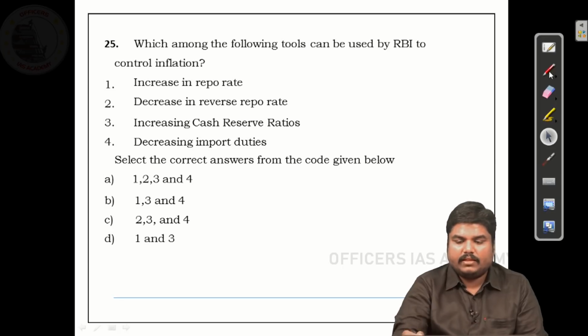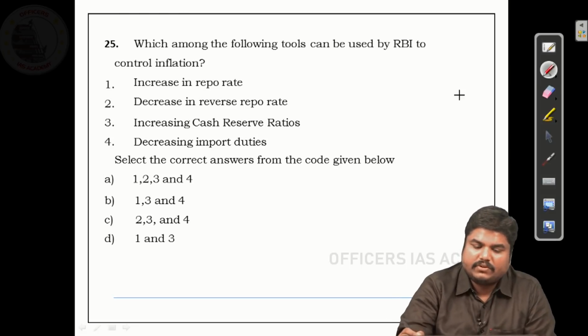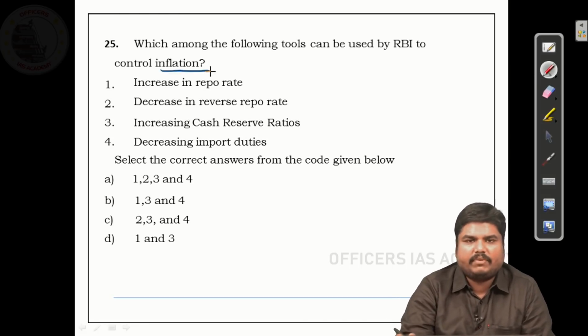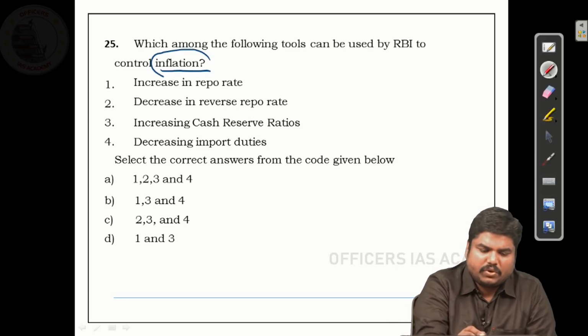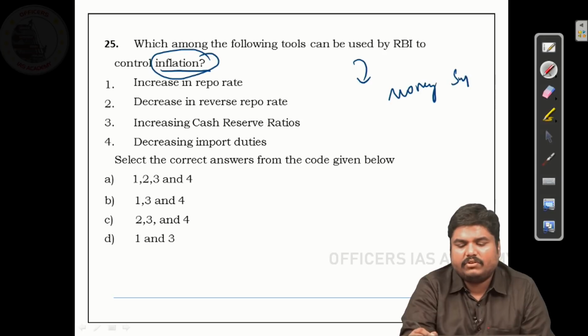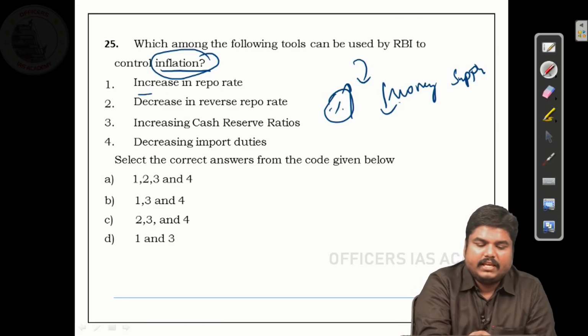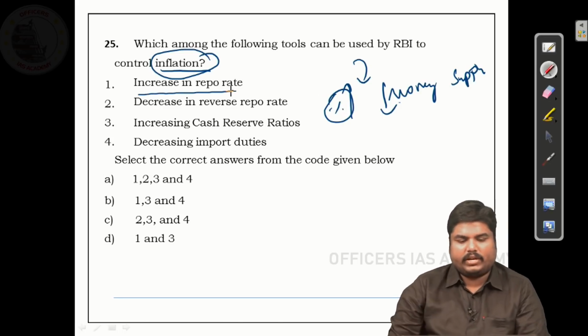25th question. So, this is regarding tools used by RBI to control inflation, right. To control inflation, what are the tools RBI can use? To control inflation, we have to control the money supply, we have to reduce the money supply. To reduce the money supply, we have to increase the interest rates, by increasing the repo rate.